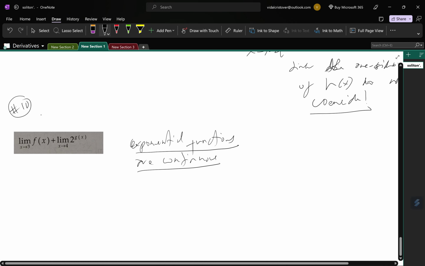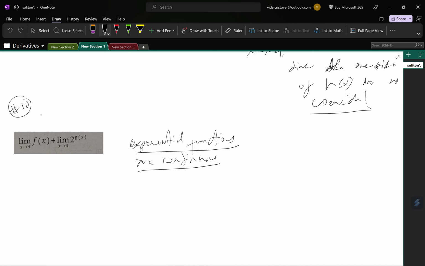Okay, tinood na siya. Kunya, if h of x is continuous, then the limit of h of x as x approaches to a is the same as h of a.